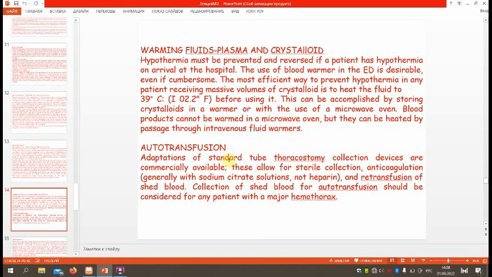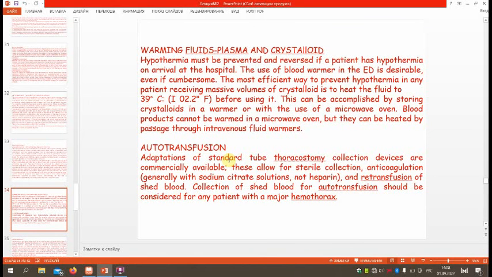This can be accomplished by storing crystalloids in a warmer or with the use of a microwave oven. Blood products cannot be warmed in a microwave oven, but they can be heated by passage through intravenous fluid warmers.